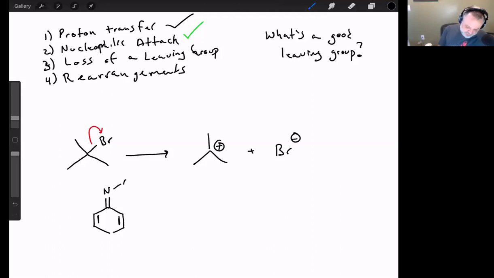We could have something like this. There'd be a negative charge here, a negative charge there, a positive charge there. Maybe there's a chlorine here and an OH there. A loss of a leaving group could be accomplished through a more complicated series of electron movements.